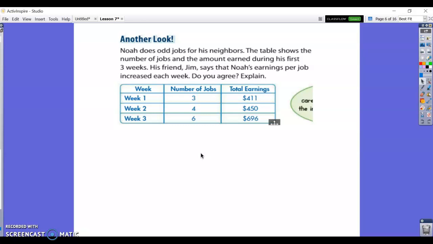Okay, so for one job, I need to find the unit rate of jobs. So I'm going to take, for week 1, the total earnings that Noah makes, which is $411. So I'm going to write down 411, and please excuse my writing. So $411, and I'm going to divide that by the 3 jobs so I can figure out how much money he makes per job.